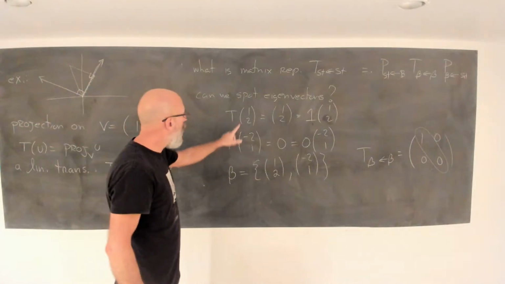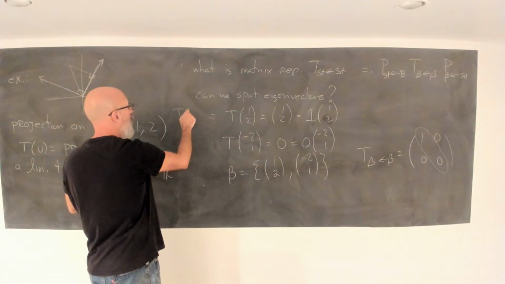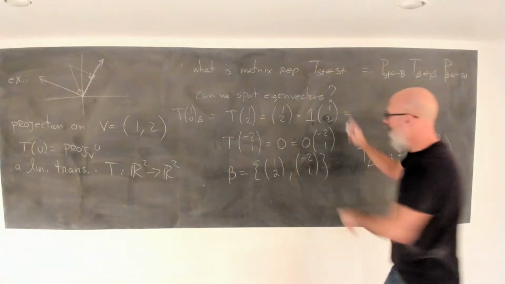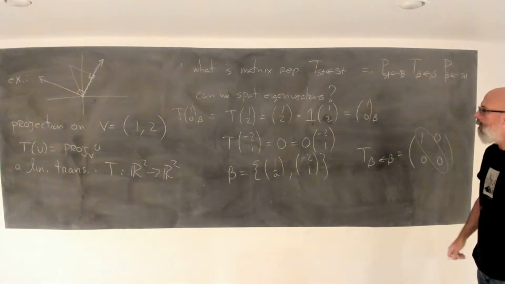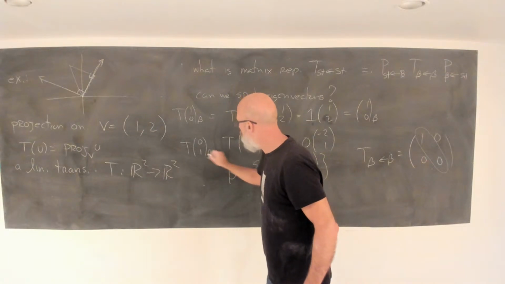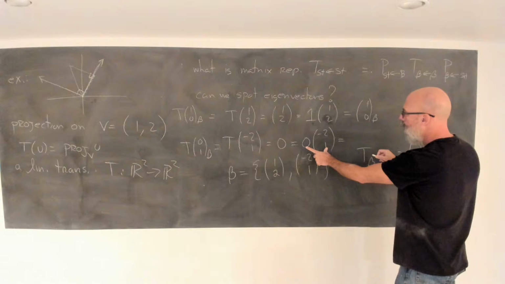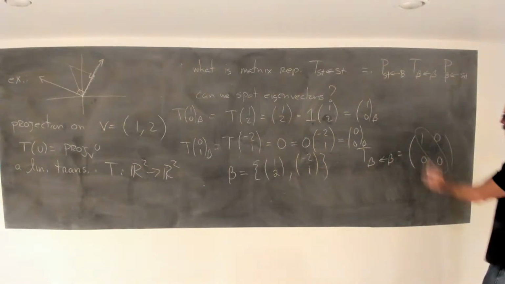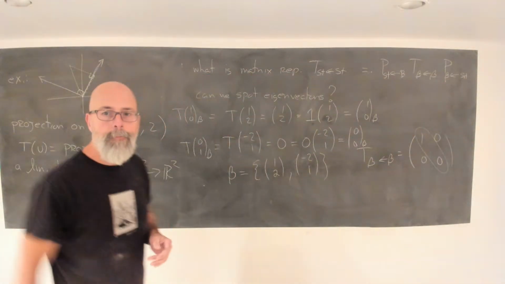Because T, in this ordered basis, this is T of (1, 0), and it is (1, 0) in the basis B. And this is T of (0, 1) in the basis B, and it is, well, in fact, (0, 0). So it's just these things as columns.